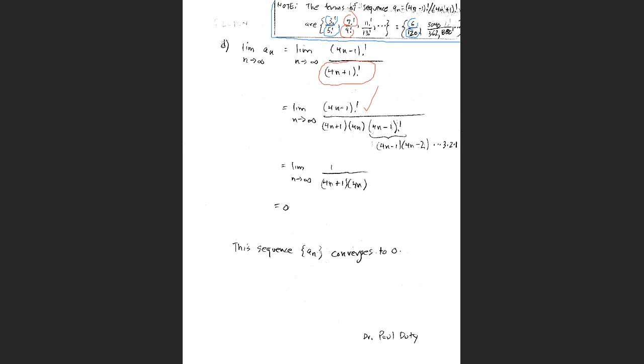So 4n plus 1 factorial, we write it out.